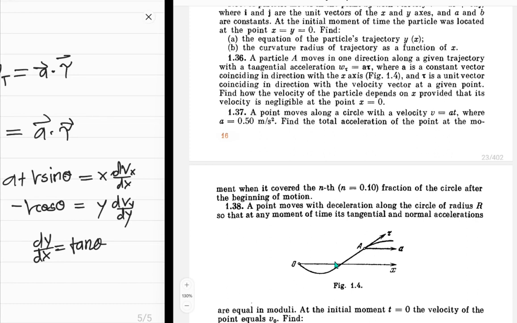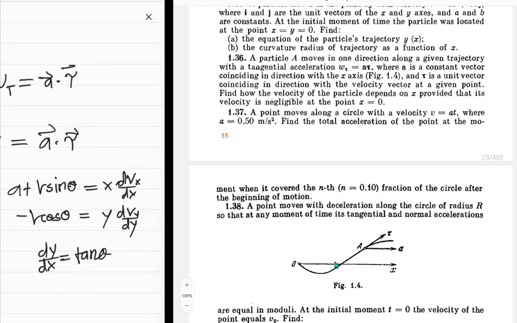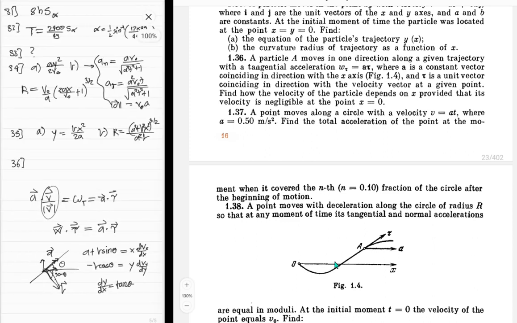Okay, think. So how does the velocity vector change with x? That's what we are asking. Come on, man, think about it. Okay, think. You can use that, or then no, it's not gonna do it.